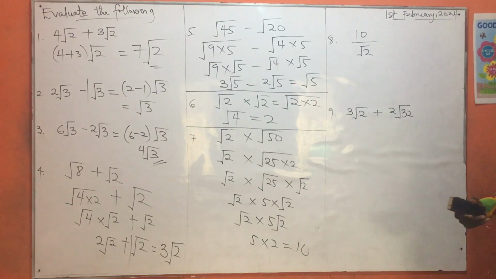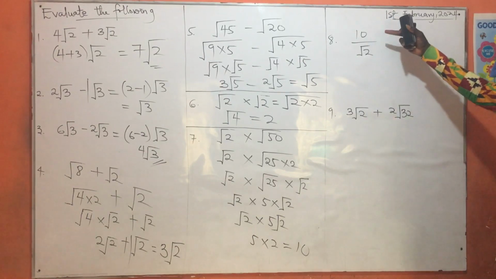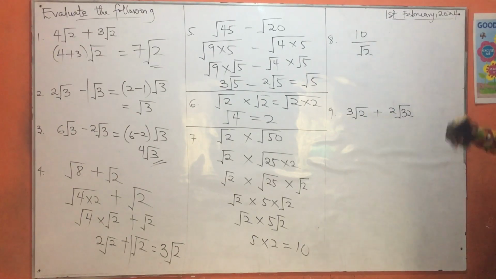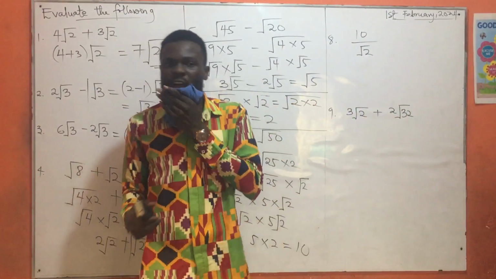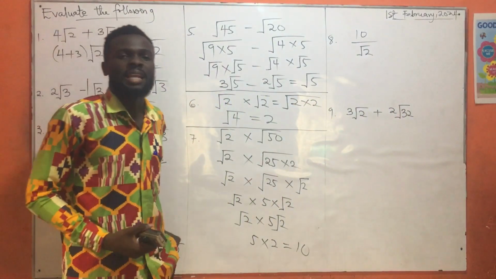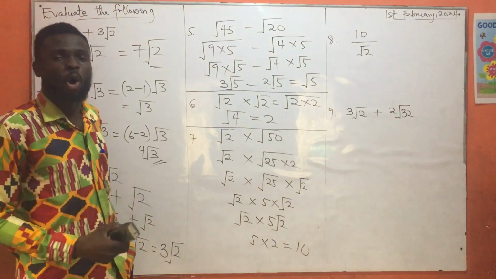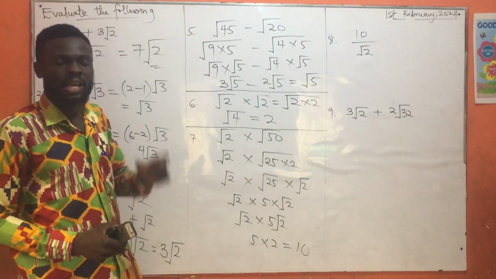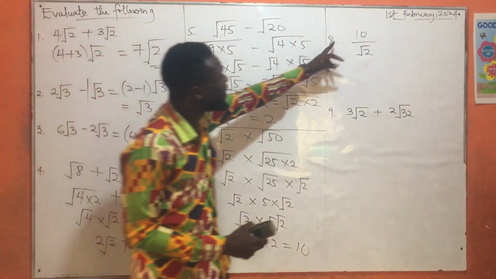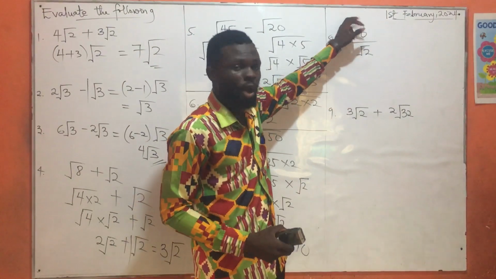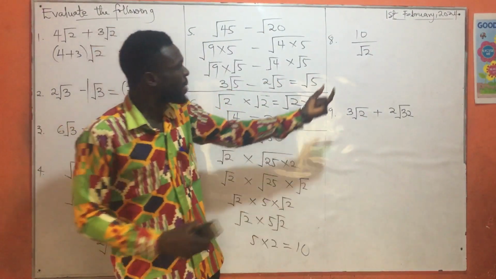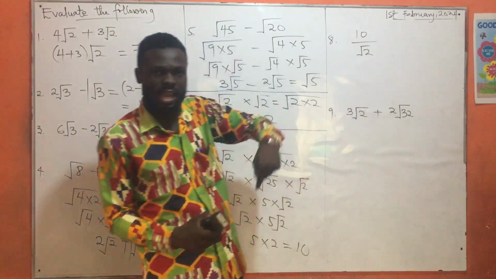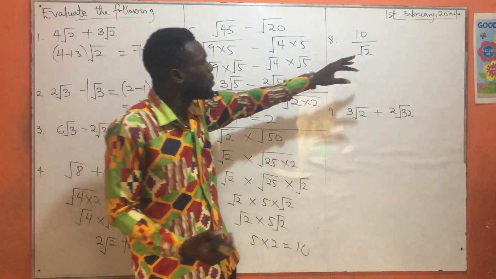Let's look at number 8. Number 8, you have 10 over surd 2. Now, a rule or an identity in surds says that whenever you have an expression like this, whereby the denominator is a surd, what should you do?